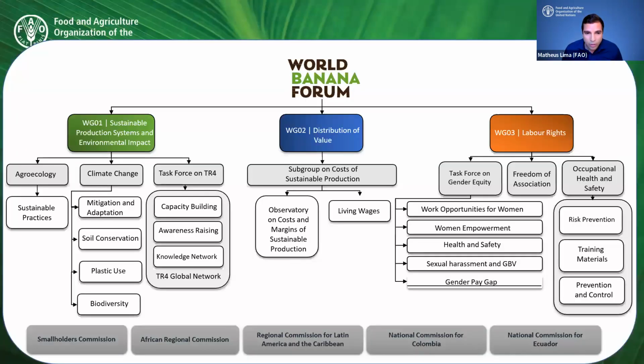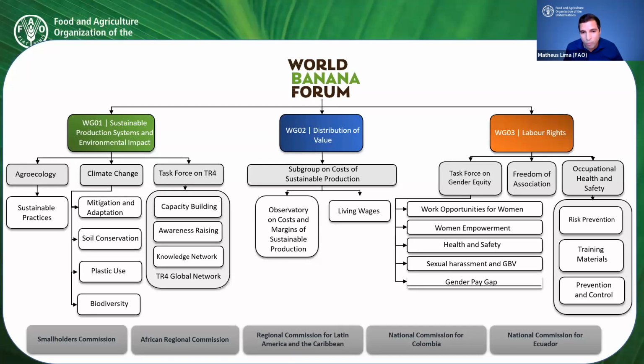Here we have a brief overview of what I just mentioned about how our work is divided. We have working group 1, which is what we're going to present today, focused on sustainable production systems and environmental impact. The main work streams of working group 1 are agroecology and climate change, in a very summarized scheme, but we also address pesticides, pesticide use, integrated pest management, and, as you can see, plastic use.